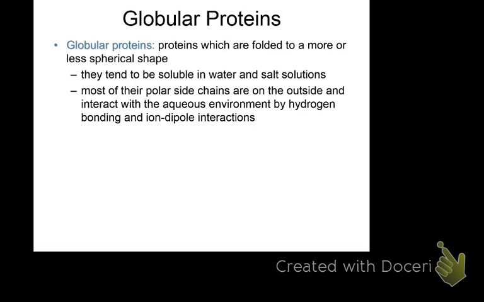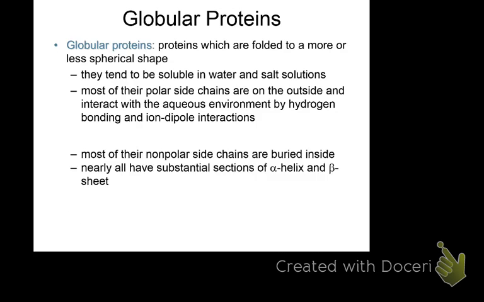Now, sometimes you will see some of these in membranes as well. So then they're going to have a hydrophobic portion if they're in the membrane. And almost always, the outside is going to be polar or charged, and the inside will be hydrophobic. So that's what helps hold it together. It excludes water on the inside, but it's soluble because the outside is hydrophilic.